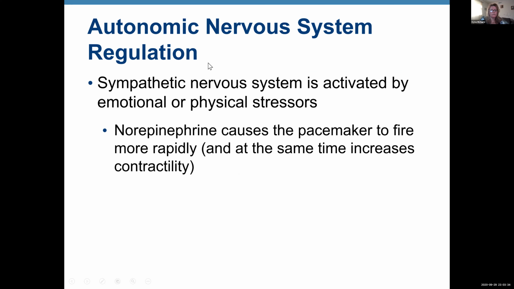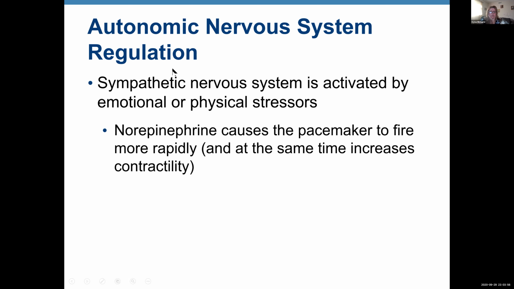Okay, now we already know that the nervous system can regulate it, right? Your nervous system can regulate your heart rate, and it's done by the autonomic nervous system. Here we're looking at the sympathetic nervous system, activated by emotional or physical stressors.